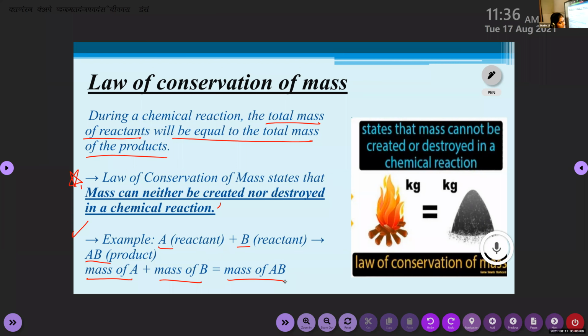This is clear, children? Yes, ma'am. Have we completed the points about the law of conservation of mass? Yes, ma'am. All of you?